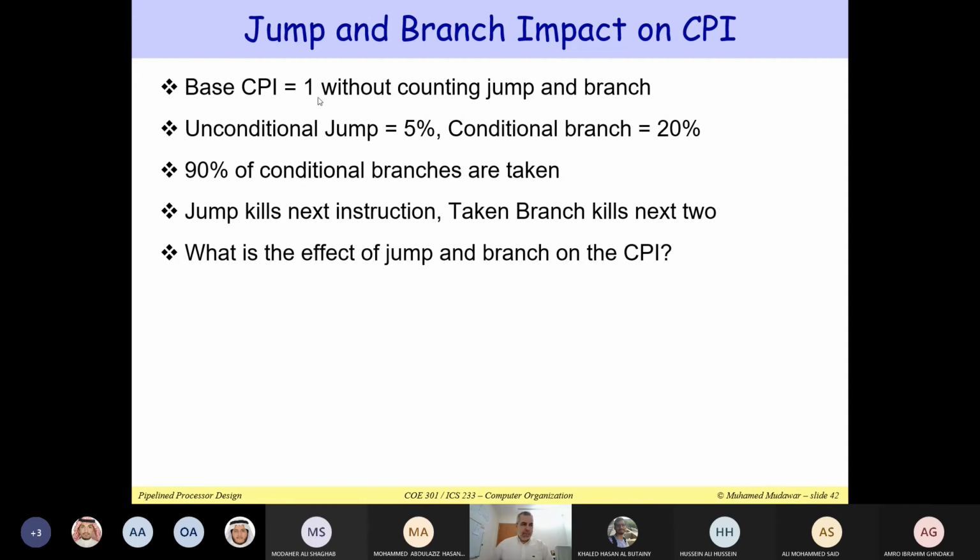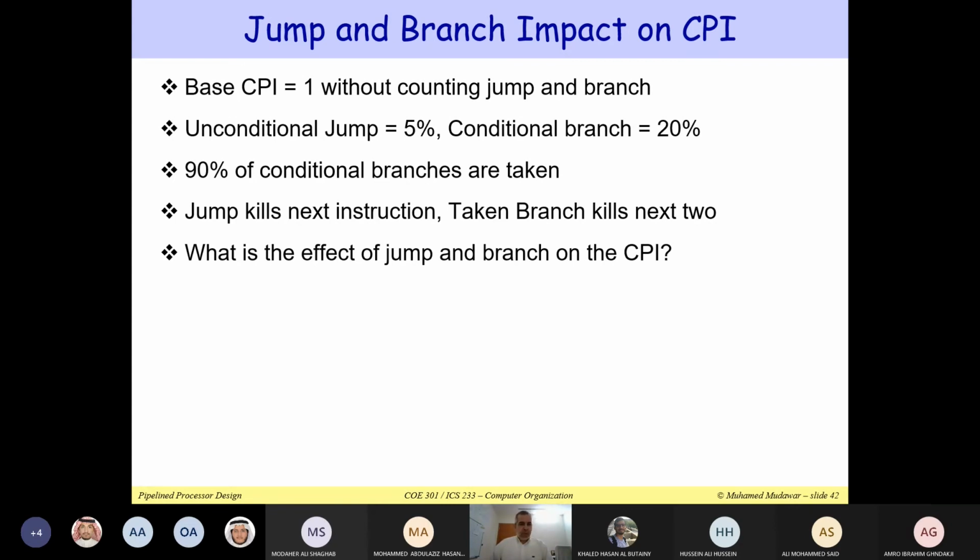We know that in a perfect pipeline, you can complete 1 instruction every cycle, assuming that we have already filled the pipeline with instructions. So that's the base CPI, 1 instruction completed every cycle. Now, this is without counting the jumps and the branches. However, the jump and the branch, as we have seen in my last lecture, have a delay.